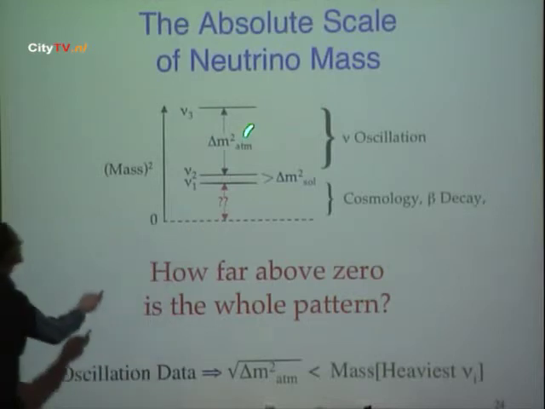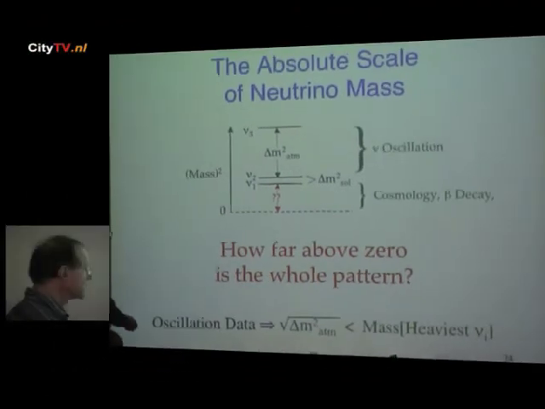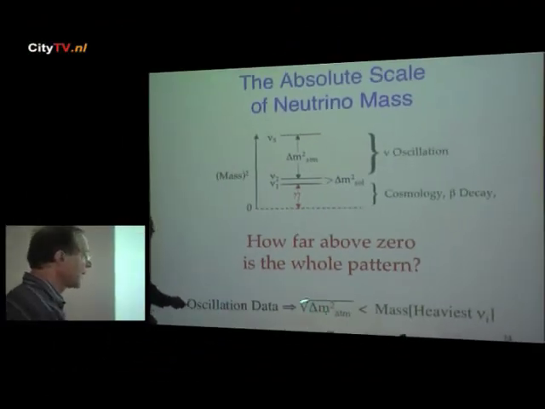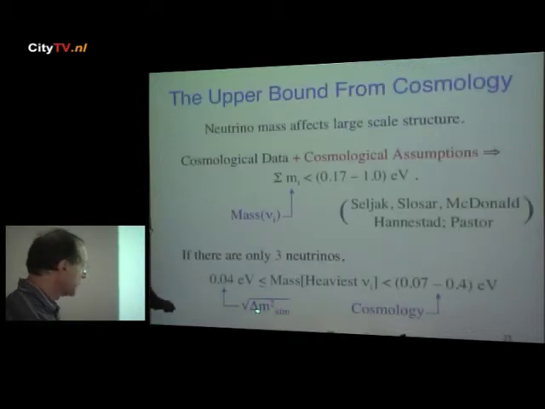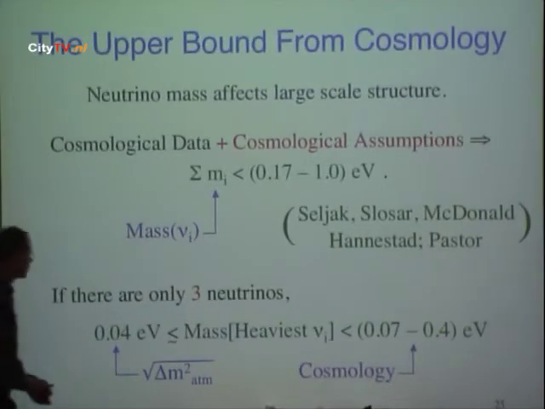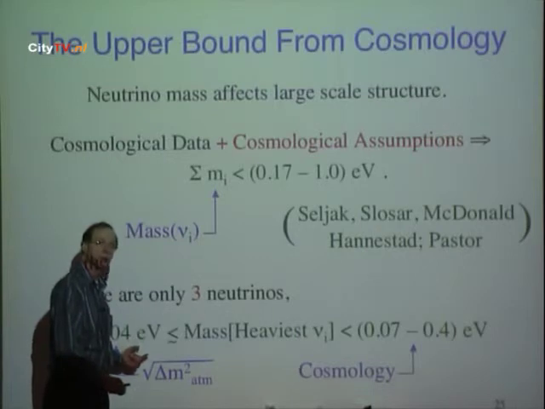So whichever state is at the top of the spectrum must have a mass squared which is no smaller than the bigger of the two delta m squareds. And that means its mass must be no smaller than the square root of that number. And the square root of that number is about 0.04 electron volts. So whoever is at the top of the spectrum weighs at least that much. We already know that.